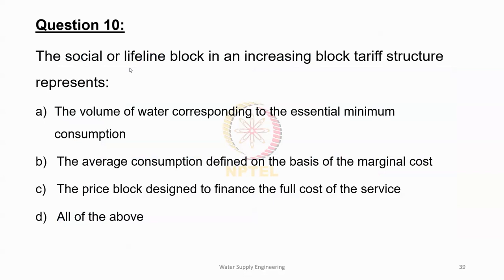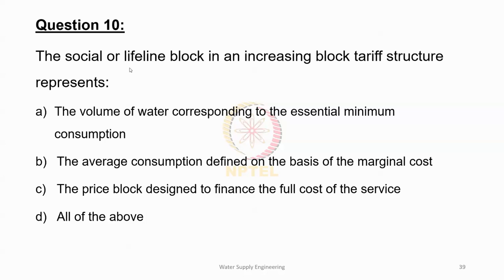Question number 10. The social or lifeline block in an increasing block tariff structure represents option A, the volume of water corresponding to essential minimum consumption, option B, average consumption defined on the basis of marginal cost, option C, price block designed to finance the full cost of the service, option D, all of the above.